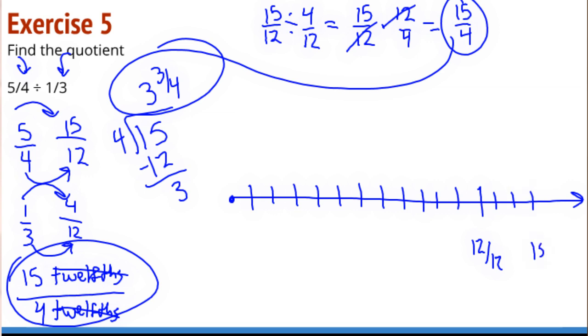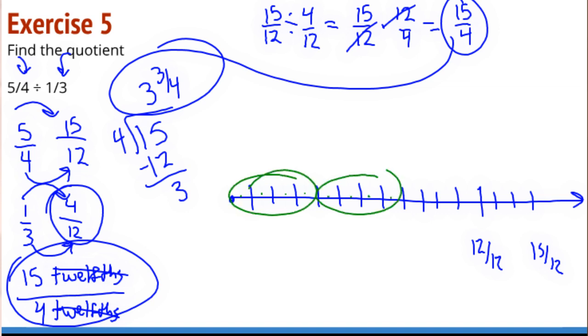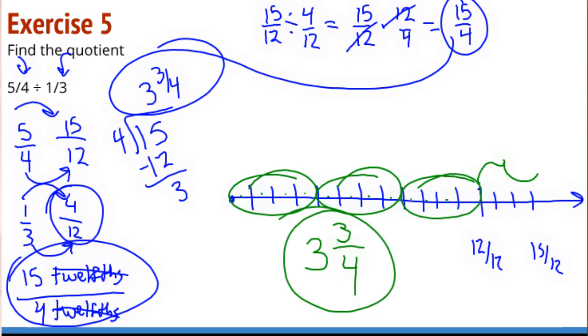So here's 15 twelfths, and I am making groups of 4. 1, 2, 3, 4. 1, 2, 3, 4. 1, 2, 3, 4. And that leaves me with these 3 little pieces left over. I made 3 whole groups of 4 and I had 3 parts left over, 3 and 3/4.